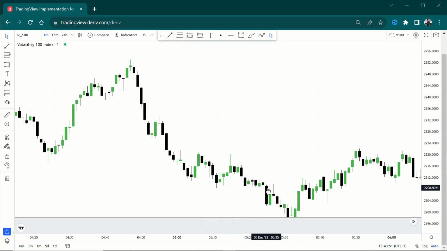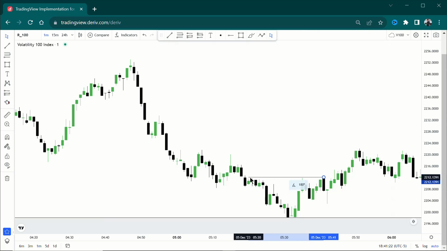You can clearly see this was our pullback here, which was taken, and this was confirmed above here. This is the candle that confirmed the change of character, because even under 1 minute, for change of character, make sure the candle closes above. This is where it happened.